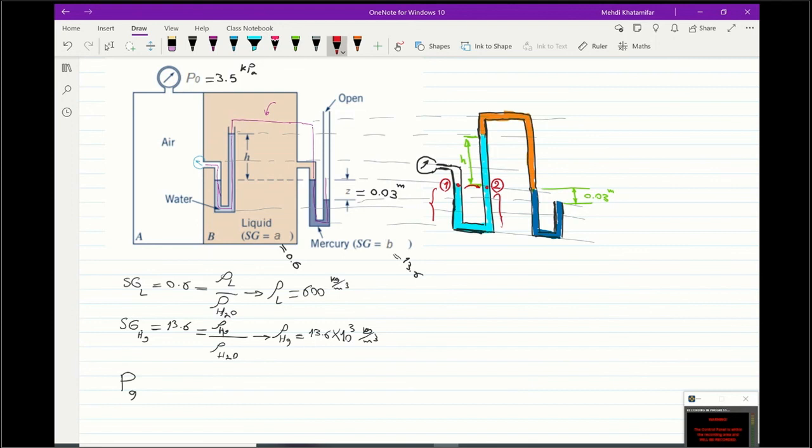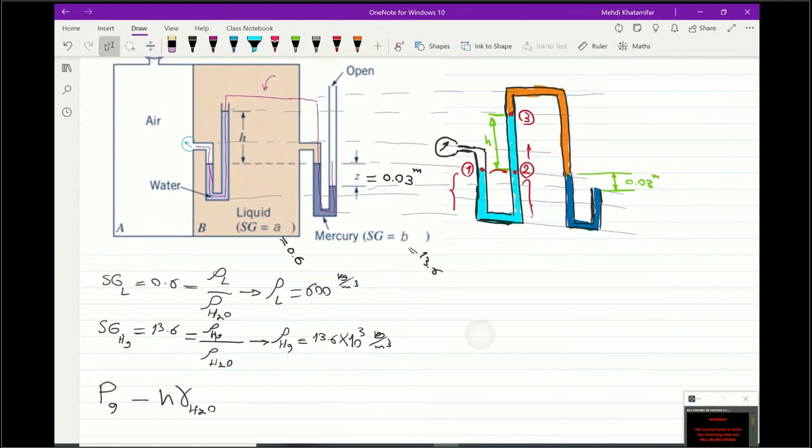Now from point 2, I'm going upward up to this level, which is going to be point 3. Upward means minus, so it is going to be negative. What is the height? H. H times rho g, rho g for the water. Later I'm going to add H2O.